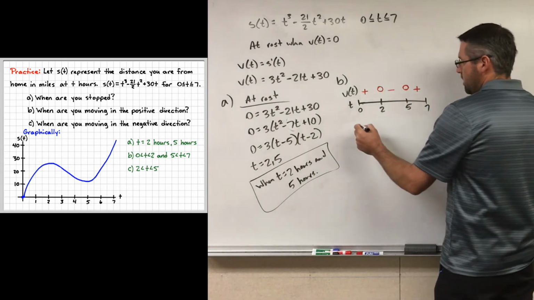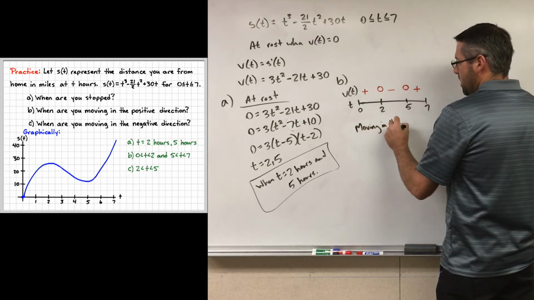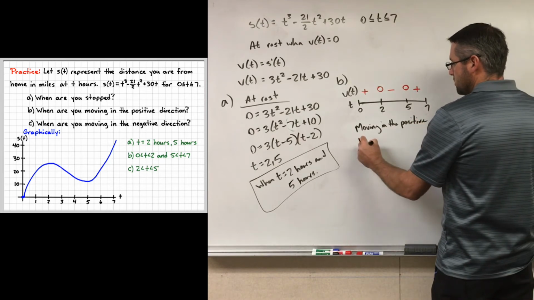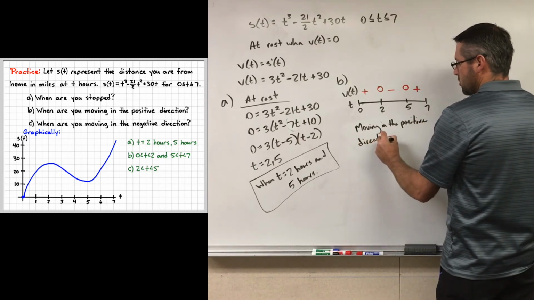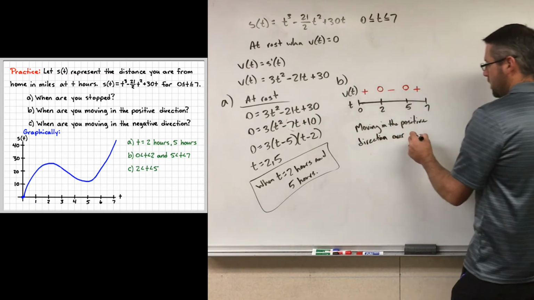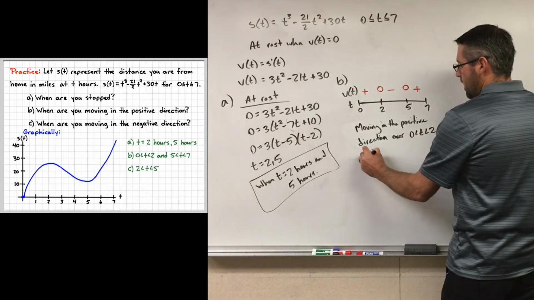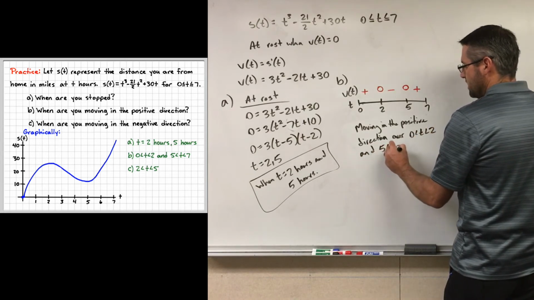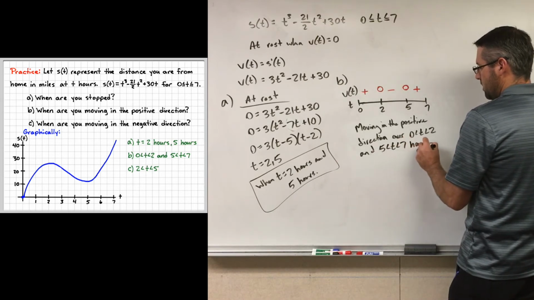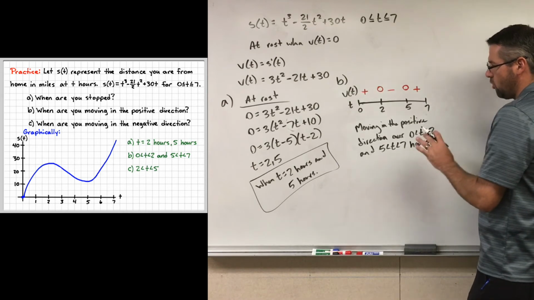So we would say moving in the positive direction over 0 less than t less than 2, and 5 less than t less than 7, and that would be hours was the units.